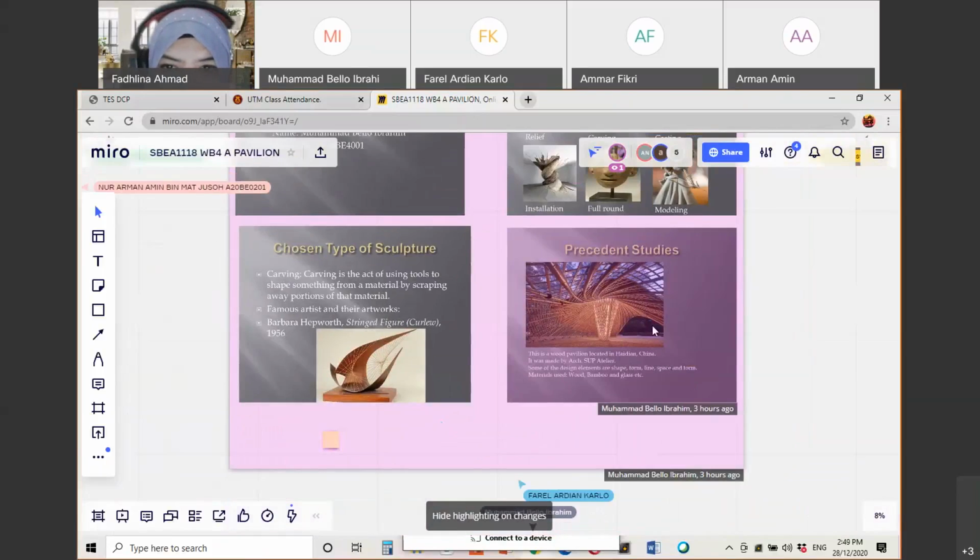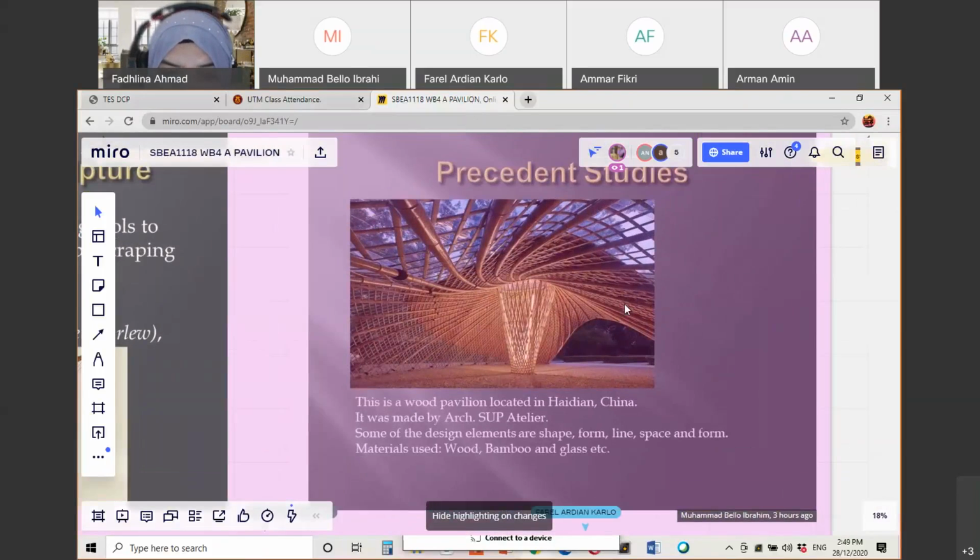The precedent studies. This is a wood pavilion located in China in a place called Haibian. It was made by the architect SUP Atelier. Some of the design elements and principles in this pavilion are shape, form, line, and space.